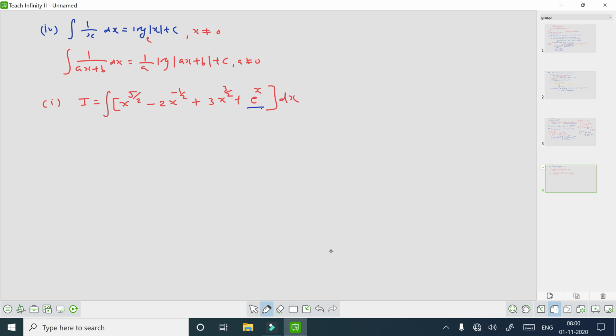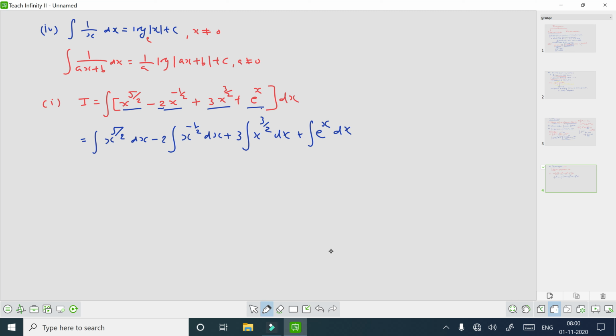This one is the exponential function, and the others are rational forms. So separating term by term: integral x raised to 5 by 2 dx, minus 2, which is constant so take it outside, integral x raised to minus half dx, plus 3 integral x raised to 3 by 2 dx, plus integral e raised to x dx. Use the standard forms.